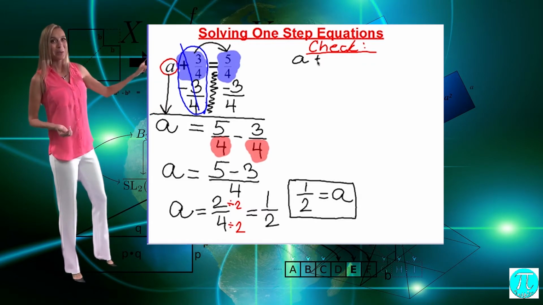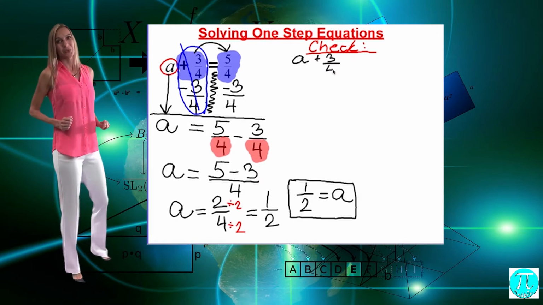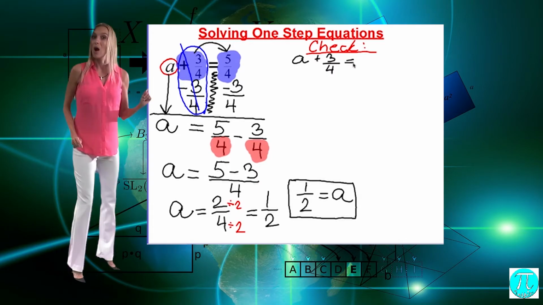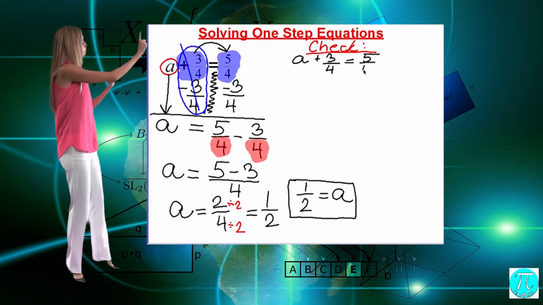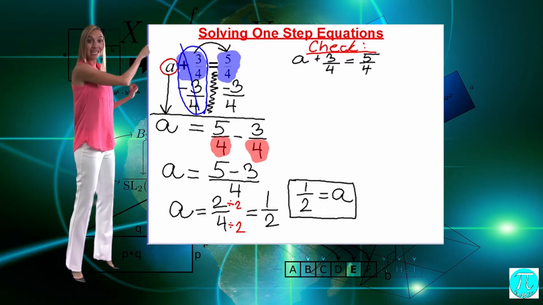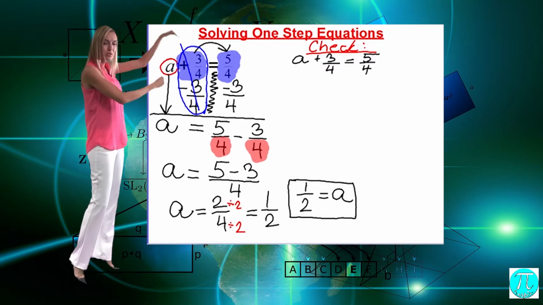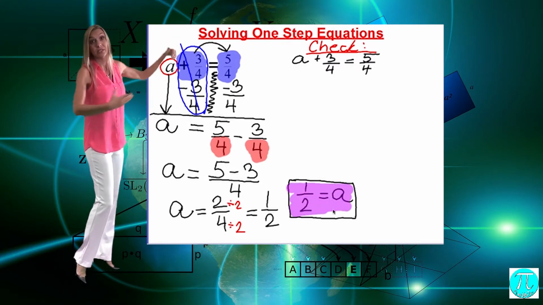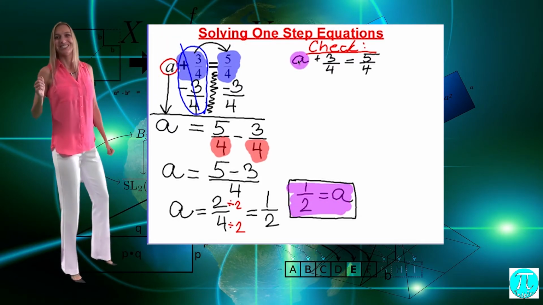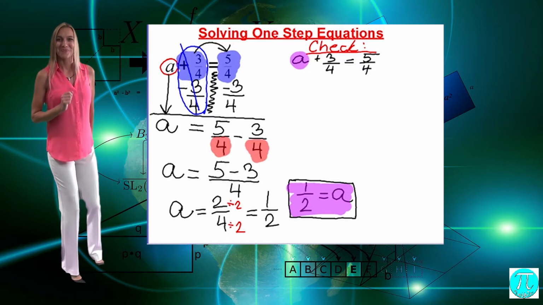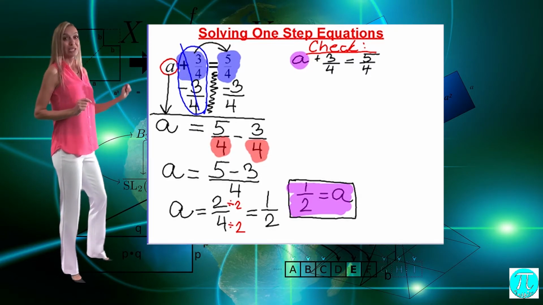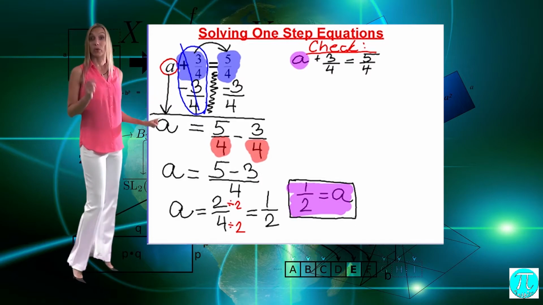So we have A plus 3/4 equals 5/4. A is 1/2. So in the original equation, everywhere I see A, I will replace it. I will substitute in the 1/2 and solve it and see if we are correct. So let's do that. 1/2 plus 3/4 equals 5/4.